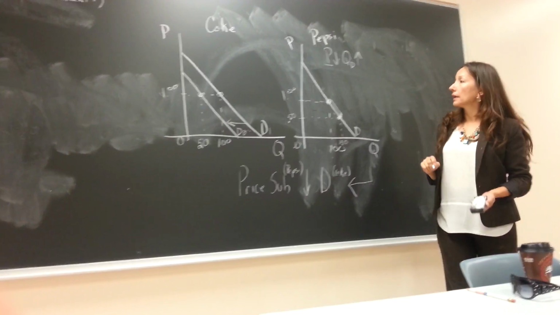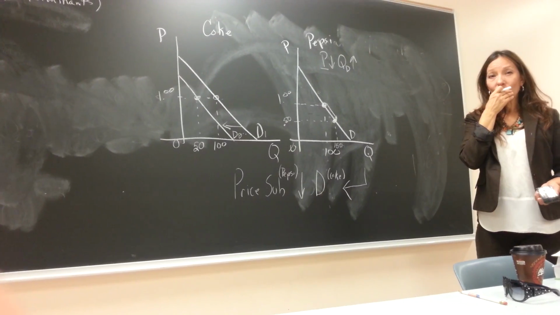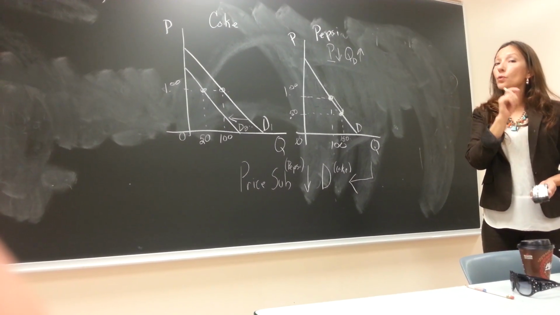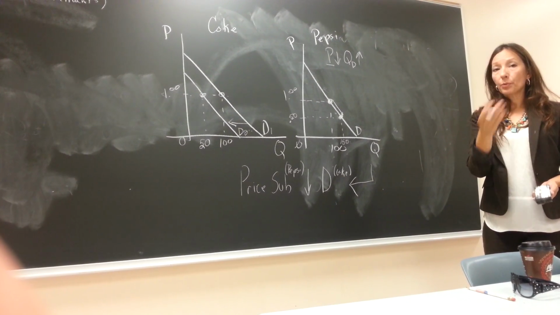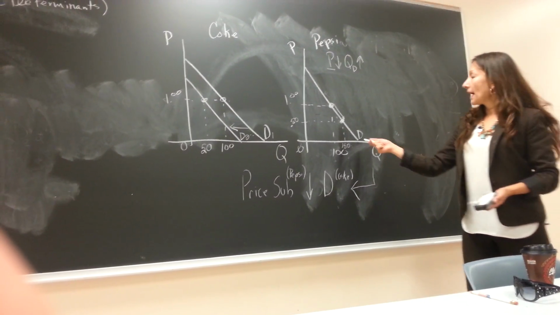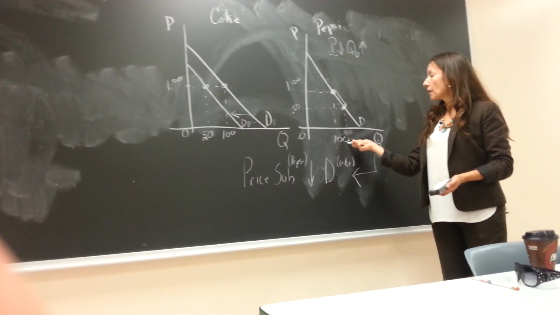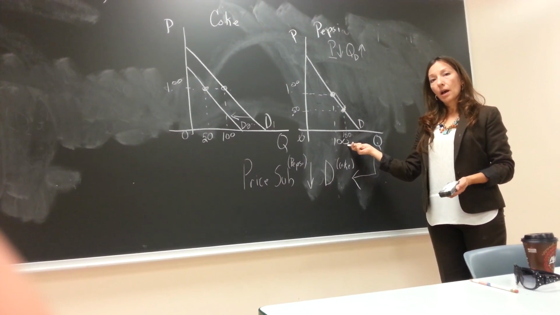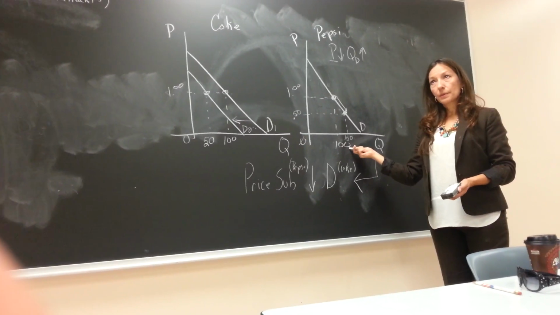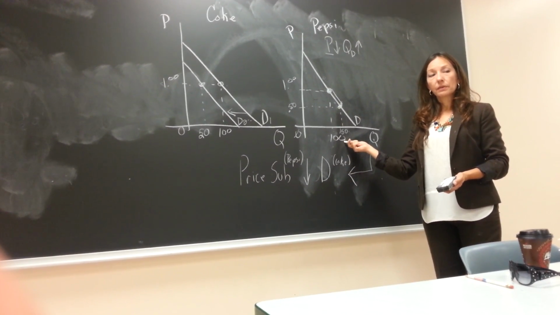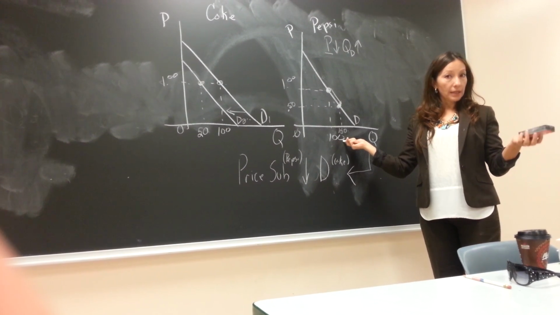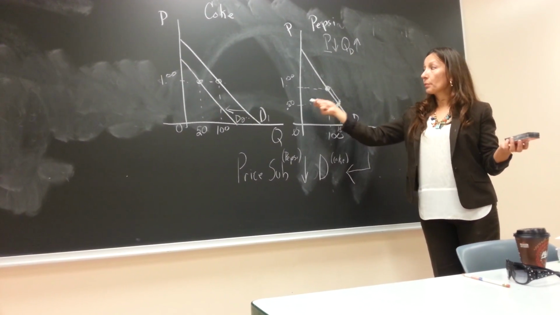Okay. So if it's not price related, that's when it's a shift. If it's quantity related, it's a price variable. So what happened here? The quantity went from 100 to 150. So if the quantity of Pepsis demanded increased, that means it's price related.